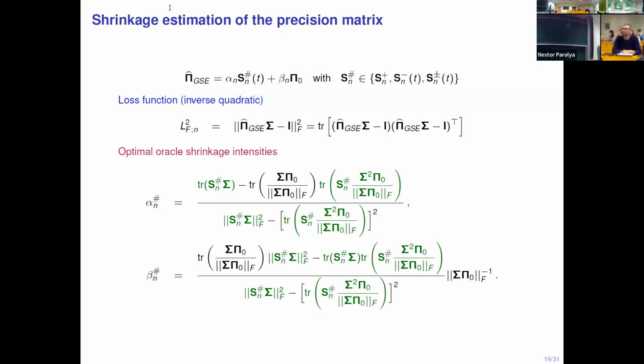If you take derivatives over alpha and beta, which is quadratic, it's a convex problem by the way, you see the optimal alpha and beta look like that. And these green things are nothing else than weighted sample moments, the things we derived before. So if I can find estimators of these objects, I can build a shrinkage estimate.